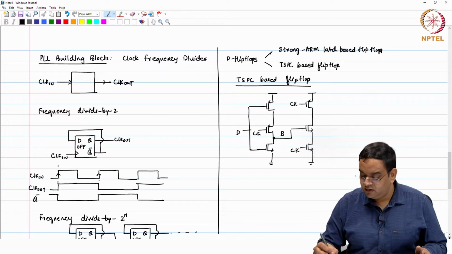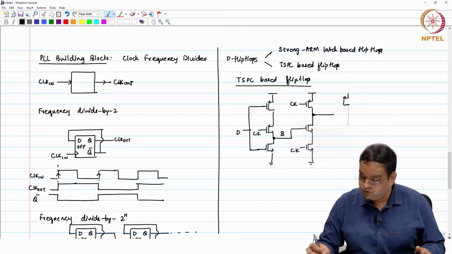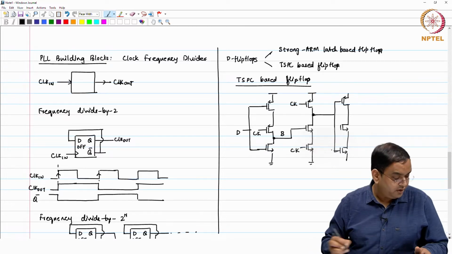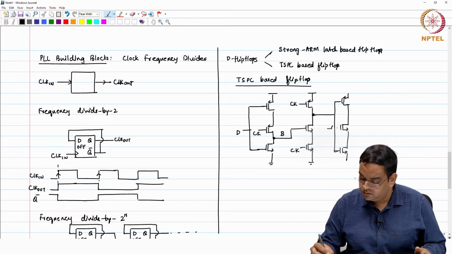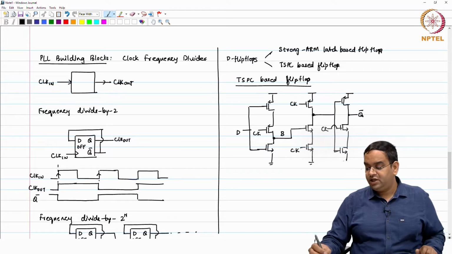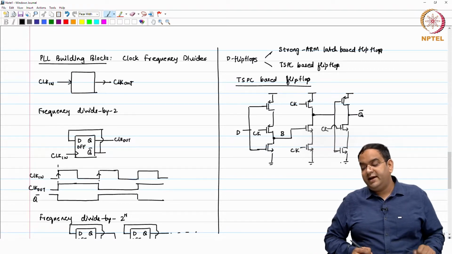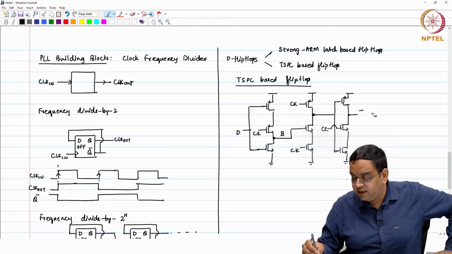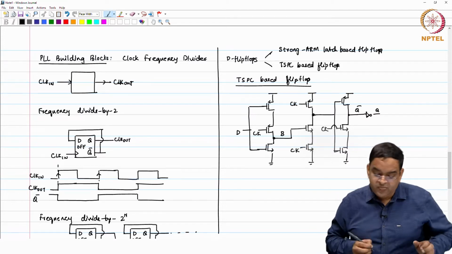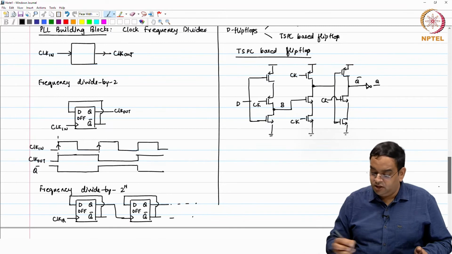I call this B. The output of this stage goes to another NMOS stage, and this is clock. The output here is inverted. So, if you want Q with respect to D, you can add another inverter and use that. This is Q.